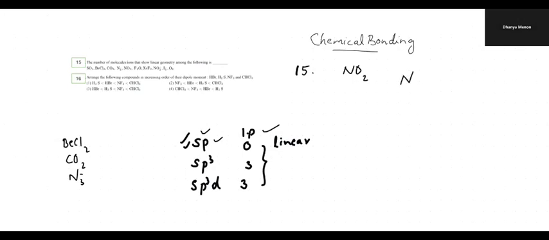Nitrogen has 5 electrons in the outermost shell, and it forms a double bond with one oxygen and a single bond with another oxygen. So there's a sigma bond here, there's a sigma bond here, and one lone pair of electrons on the central atom. So Z value is equal to number of sigma bonds plus one lone pair, that is 3. 3 means it is sp2 hybridized, so it doesn't have a linear shape. Now coming to F2O.